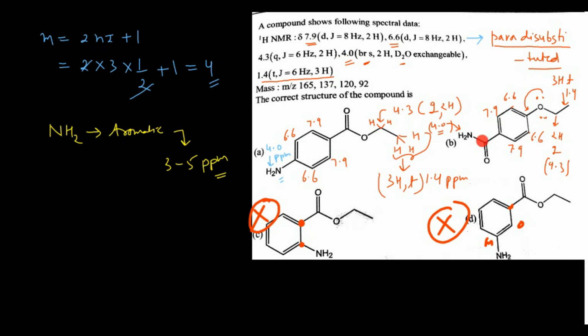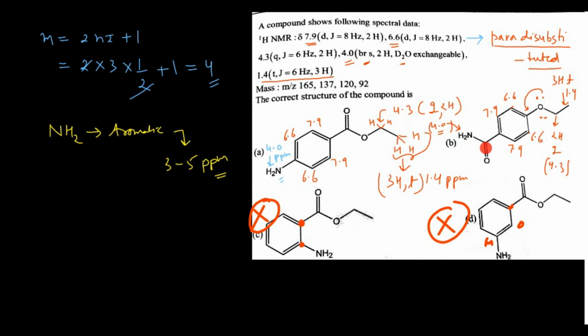But you can see here this carbonyl group is in option B. This carbonyl group is attached to this nitrogen, and it is an electron withdrawing group. It will suck the electron density towards itself, making these protons de-shielded.